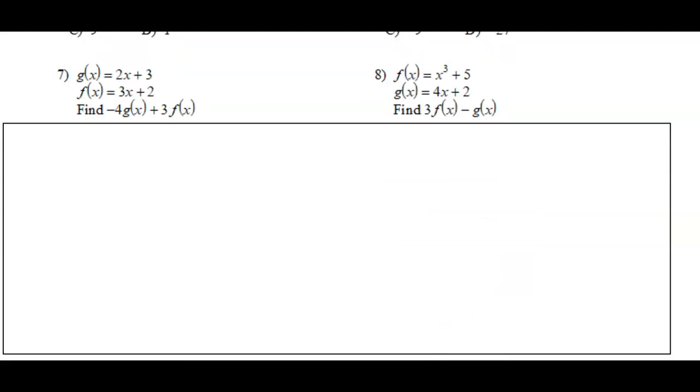All right, so now let's go ahead and take a look at number 8. For number 8, they give me two functions, f and g here, and they're asking me to find this expression. So apparently they want me to take the f function, multiply it by 3, and then subtract from it the g function. What does the f function equal?